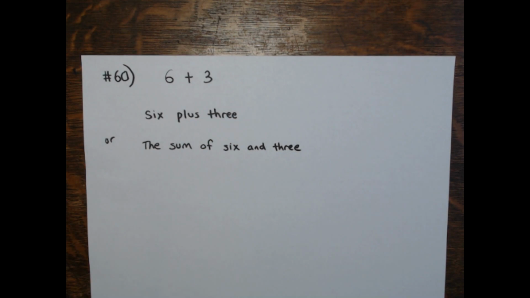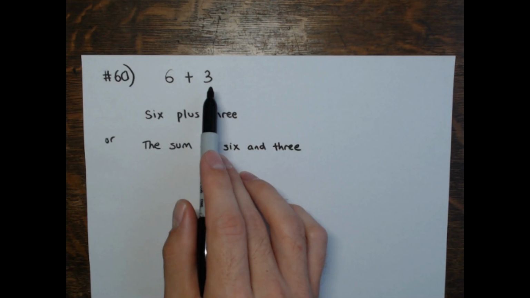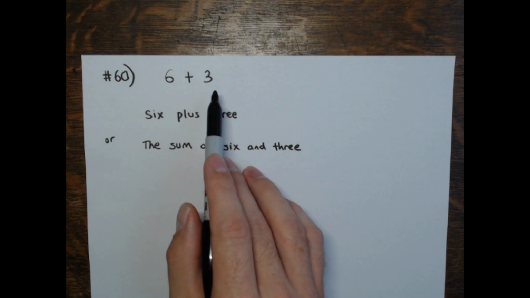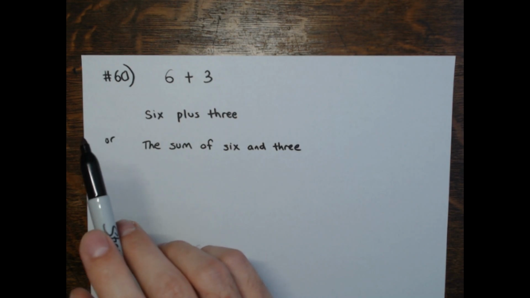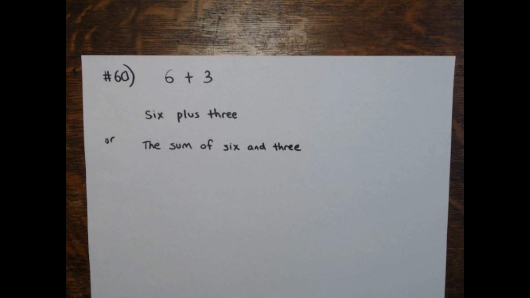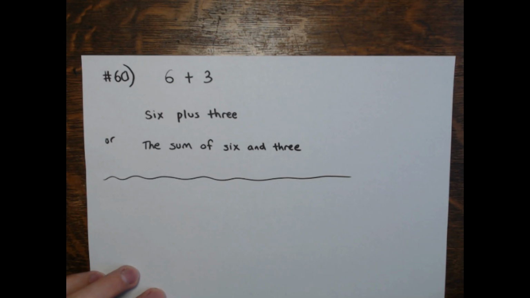But remember, this isn't everything. So I'll just say these out loud, without writing them. It'd be the total of 6 and 3, 6 increased by 3, 3 more than 6. And again, there may be other ways of representing addition as well, but I'm just pulling out the major ones that were highlighted in this text.